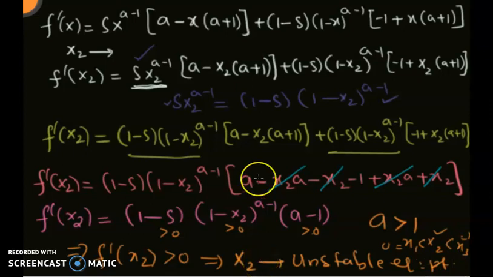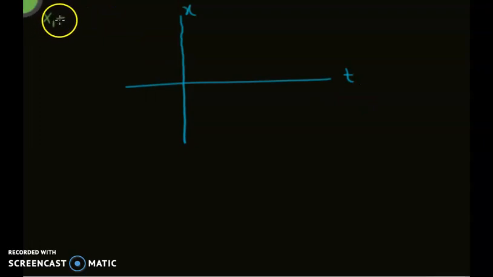So what is happening basically, physically or practically? We can put a comment on this. So let me draw the x-t plane. So this is my x and this is my time axis, and we all know that our equilibrium points were x1 equal to 0, x2 between x1 and x3, and then x3 equal to 1.